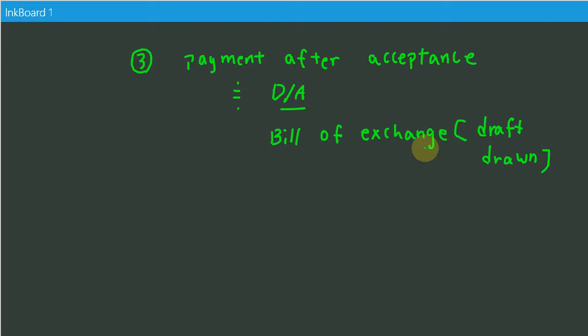Payment after acceptance is similar to documents against acceptance, but the difference is whether the bill of exchange, meaning the draft drawn by the beneficiary, is issued or not. That's the distinction between these two.